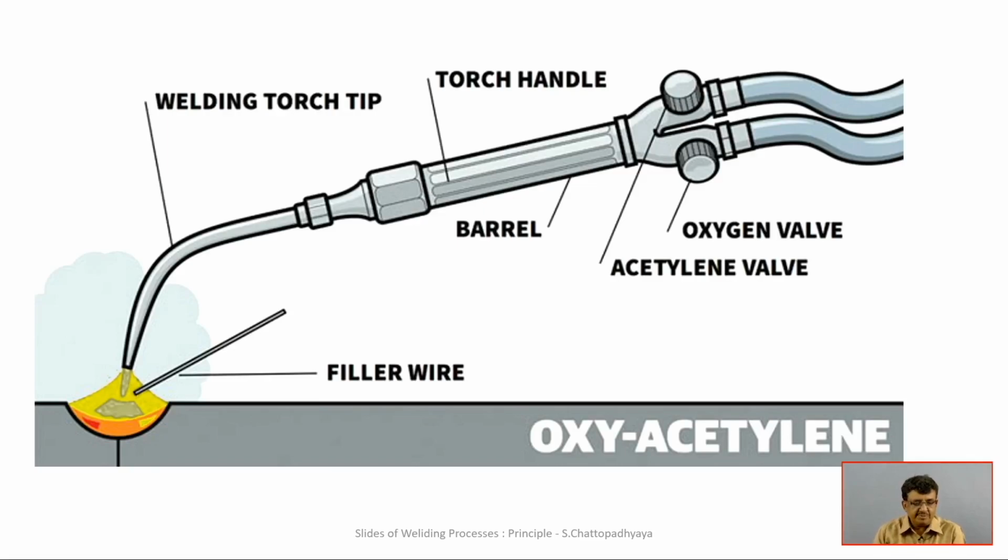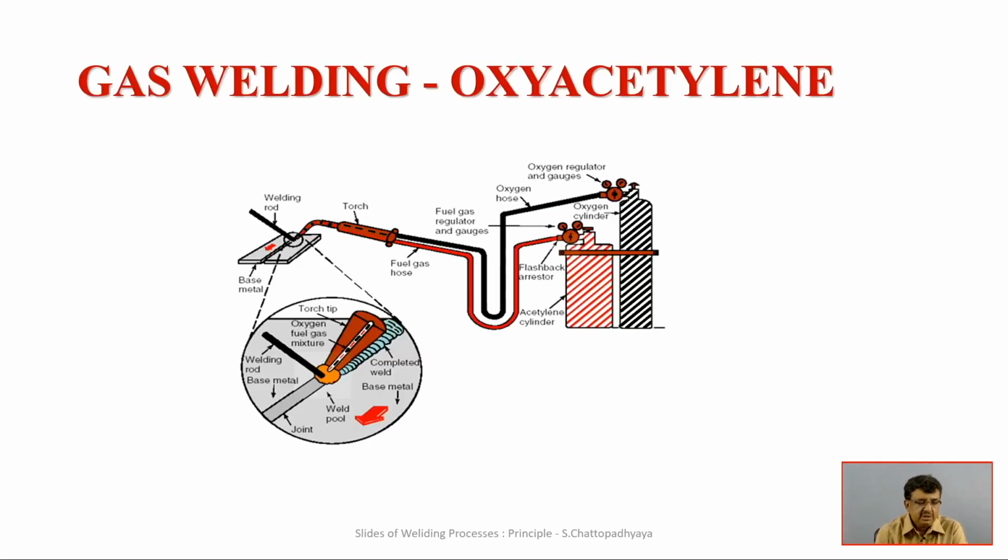So this is a typical diagram depicting the constituents of the oxyacetylene torch. Here are some bigger details, and one can see the different colors also.